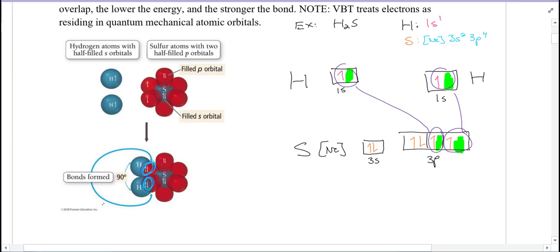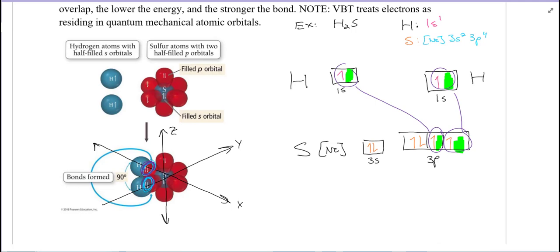Of course, there's a vertical one as well. So we have, let's just say, Y, X, Z. So the PX of the sulfur and a 1s of hydrogen will work, and a PY of sulfur and a 1s hydrogen orbital will work. We expect 90-degree bond angles, and we get a 90-degree bond angle. It works out beautifully.